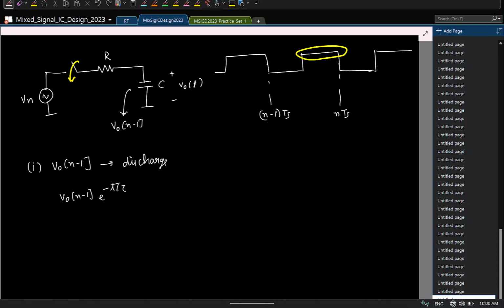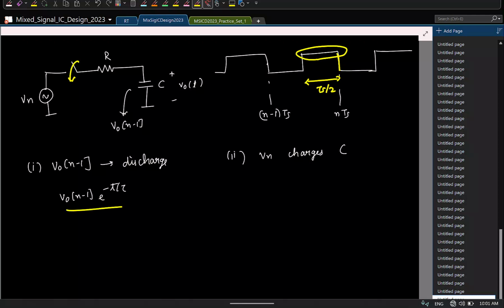And the second thing is the second excitation Vn, that will try to charge the capacitor to some other new noise voltage. So Vn will charge. And we are interested in looking at the sample at the end of this. So this duration is Ts/2.